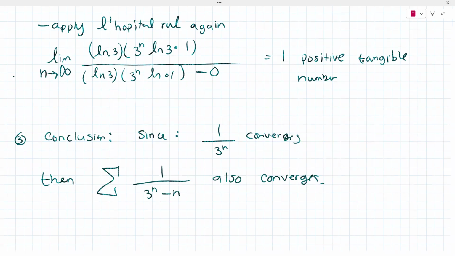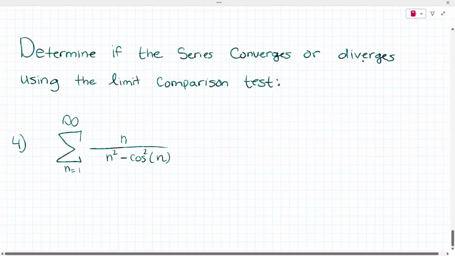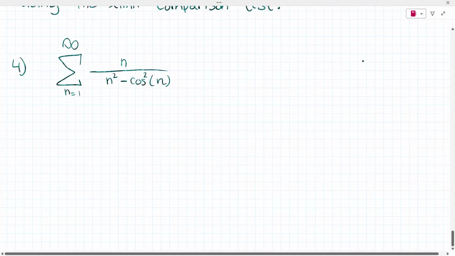Okay, let's do one more example using limit comparison test. So example 4 says determine if the series converges or diverges using the limit comparison test. So step 1, choose the biggest term on the top and bottom.